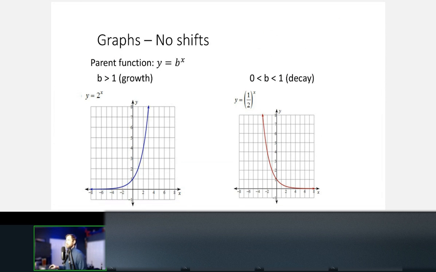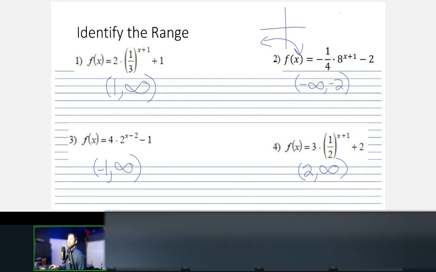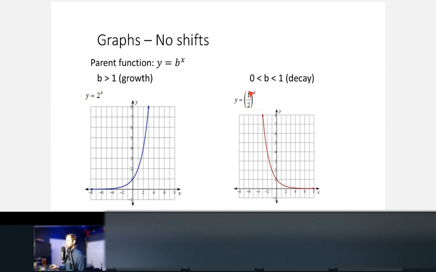All right. Graphs that have no shifts. Now, actually, we haven't talked about this already. We did talk about when your A value was negative and it causes it to flip. But we didn't talk about when your base is between 0 and 1.